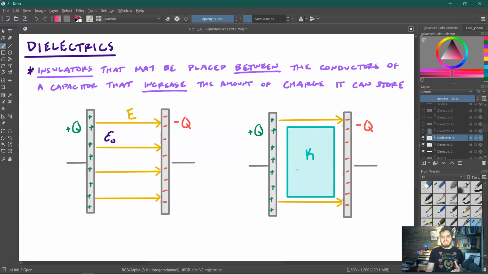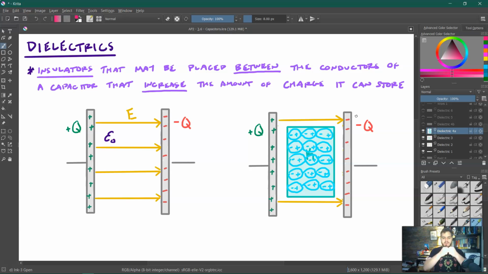So for the individual molecules in this insulator, the electrons are going to be pulled to the left towards the positive plate, and the protons, or basically the lack of negatives, will be pulled to the right towards the negative plate. We basically are polarizing every single molecule in this insulator, causing the charges to separate a little bit within each individual molecule.